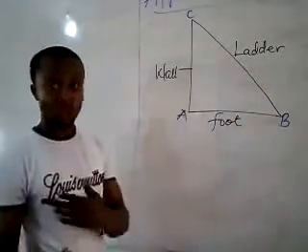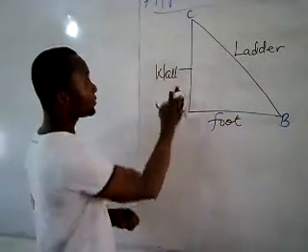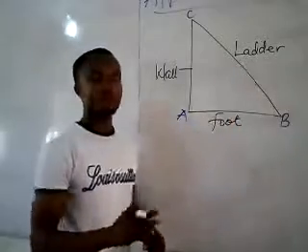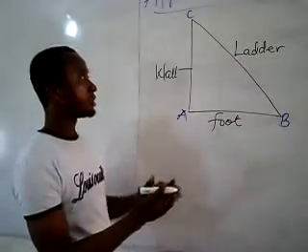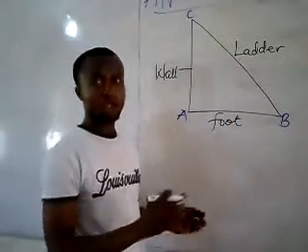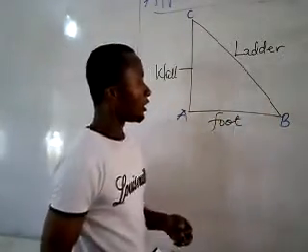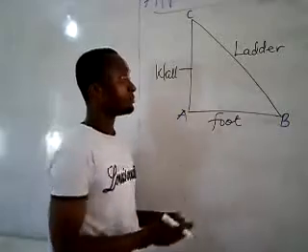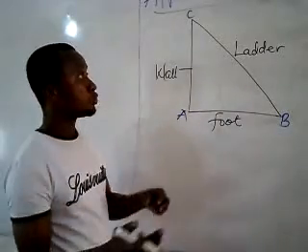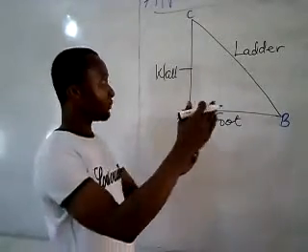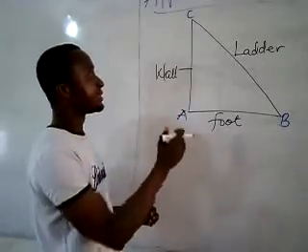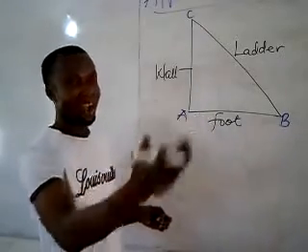If you are asked to find any of the sides, you can apply the Pythagoras theorem. If you are asked to find angles of this diagram, you can also use the formulas we used in the previous lessons, that is either the SOH or the CAH or the TOA.